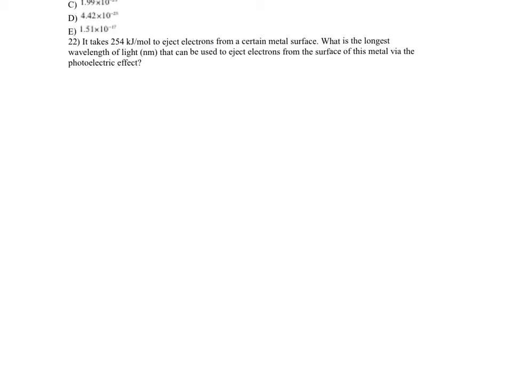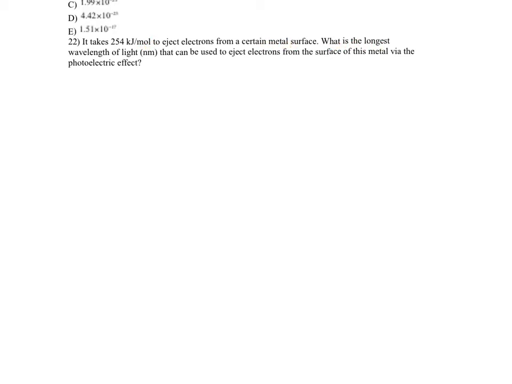Okay, so whatever this metal is, it takes this much energy per mole of the metal to eject electrons. We don't know how much of the metal we have. It just tells us an energy per mole. So we're going to use that as our energy number. We're just going to have to assume that we have 1 mole of this mystery metal.